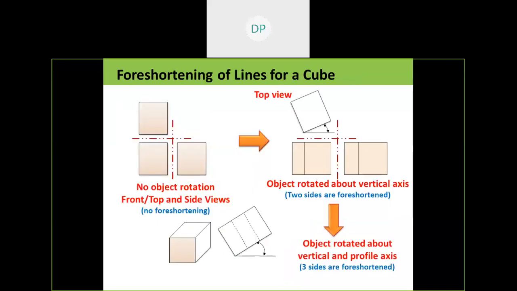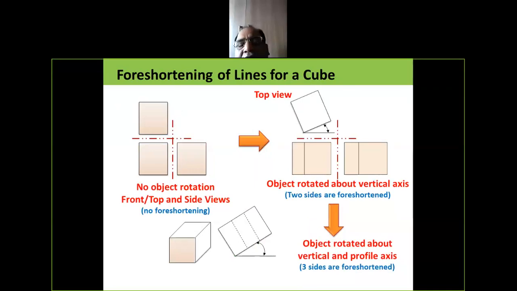All edges are foreshortened by 80%. Therefore, the actual length of the object is shortened by 80%, that is 0.8 times.